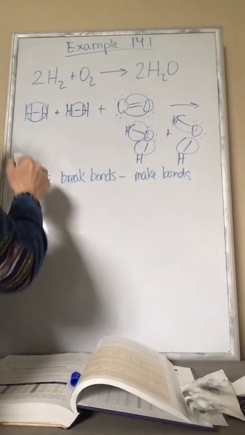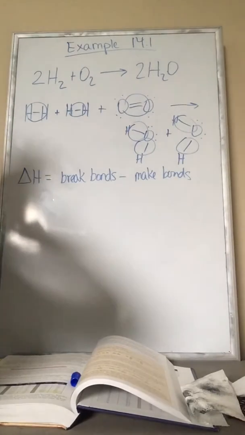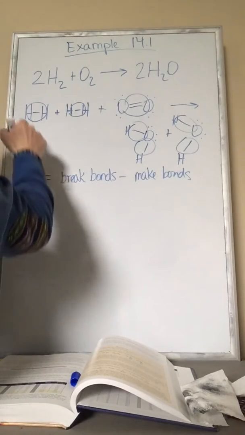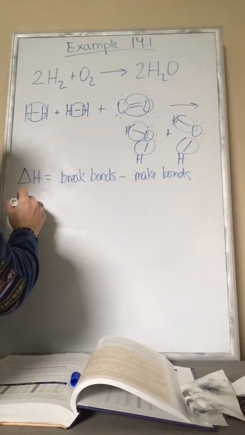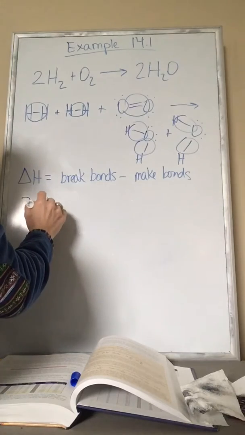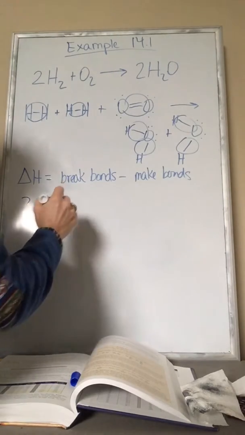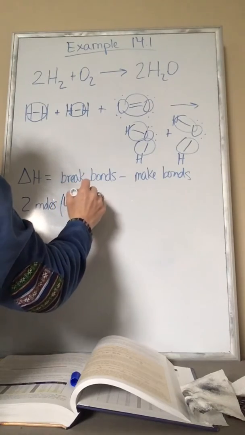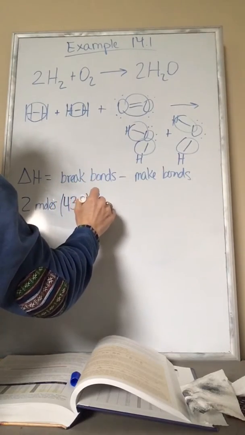So we look in our table, and an HH bond is 436 kilojoules per mole. But remember, we have 2 of them. So we say 2 moles times 436, which I got out of the table on page 420, kilojoules per mole.